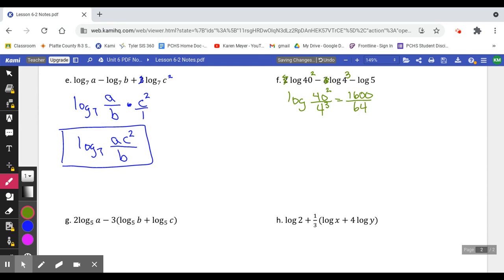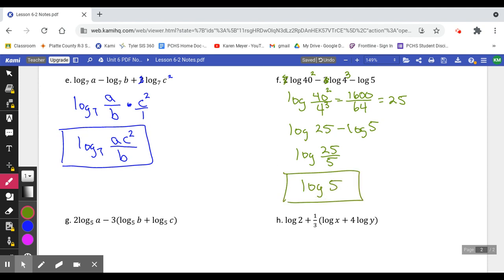So 1600 divided by 64 is 25. So I'm looking at log 25, and then I still have minus log 5. So now I see subtraction. Subtraction, I'm going to change to division. So log 25 over 5, and 25 over 5 reduces down to 5. So final answer is log 5.